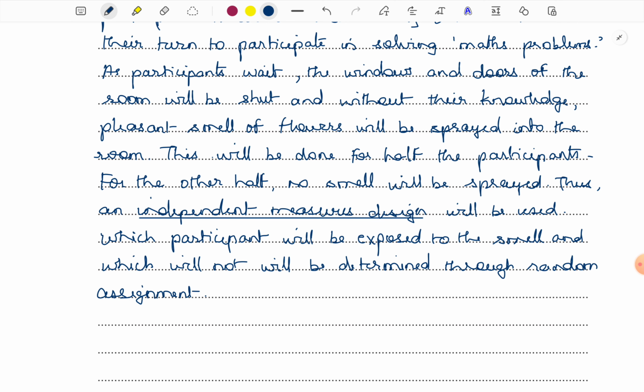Again, here if you want, you can take it as a point of validity and say this is to prevent the individual preferences of smell from confounding the results. But again, I don't intend to take validity over here.